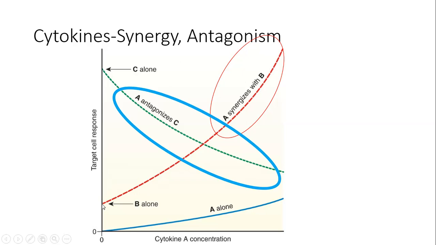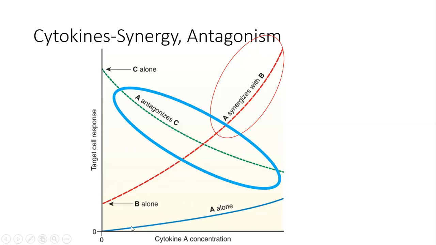We're looking at cytokine B, and we're looking at the response of cytokine B. So when cytokine B is working on its own in very low concentrations of cytokine A, it's doing okay, but it's not having a great deal of effect on the target cell response. It's not finding a lot of targets, and it's not making the proliferation or differentiation take place. It's a very slow process.